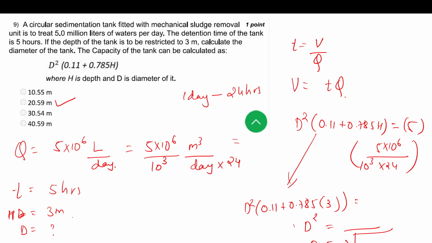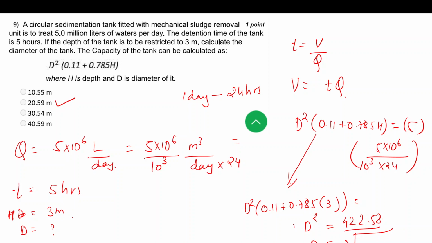Are you able to calculate? Here d square is coming to me as 422.58.